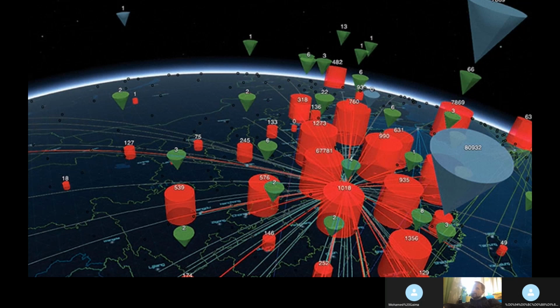It's not a simple map. However, modern software gives us possibilities to create different kinds of maps.